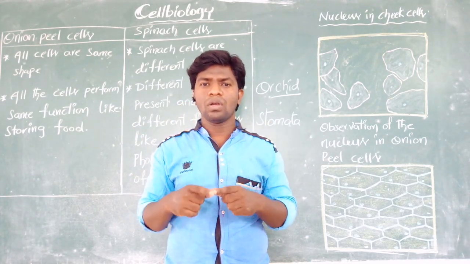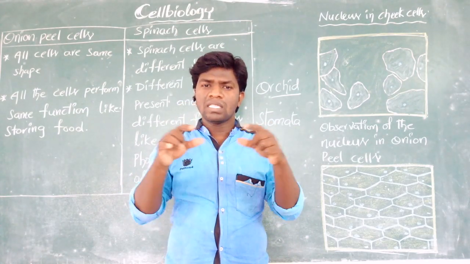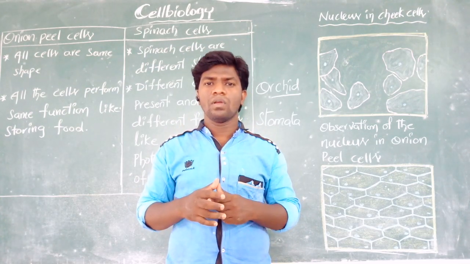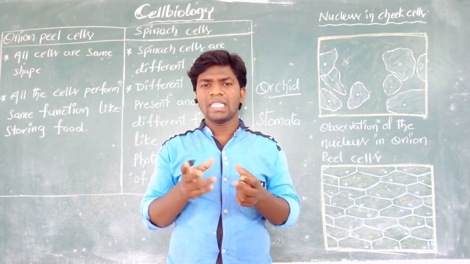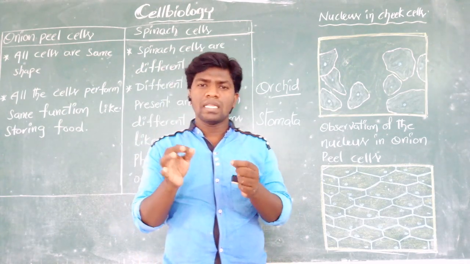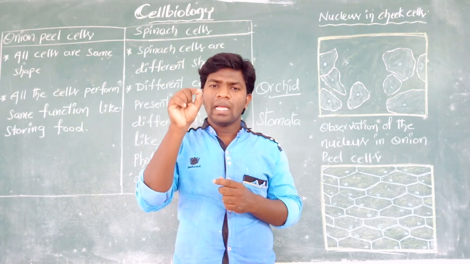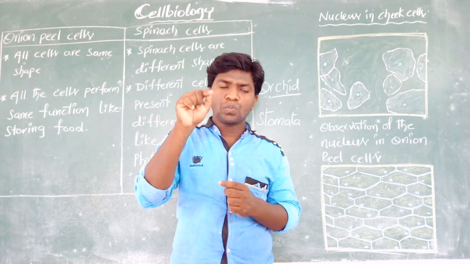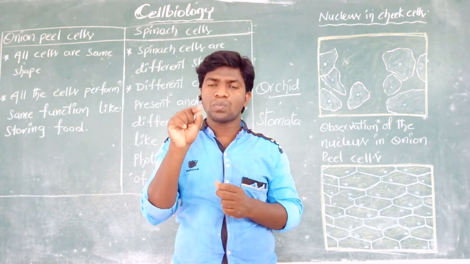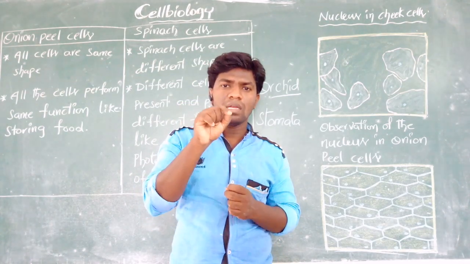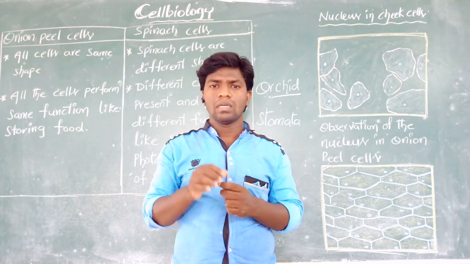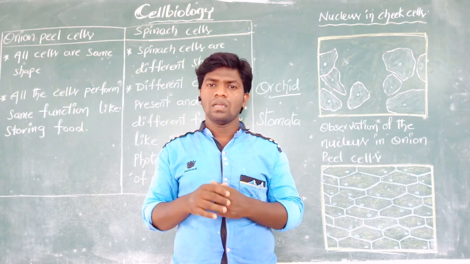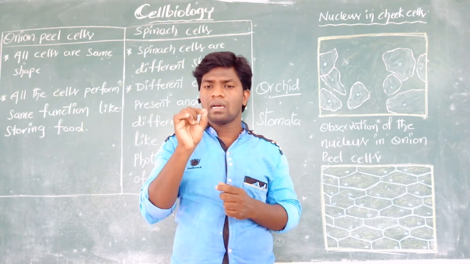When I observe these onion peel cells under the microscope, all the cells are similar, all the same shape. While observing, blue colored spots appeared in the middle of the cells and the corner of the cells. So I observed these nuclei in the onion peels.